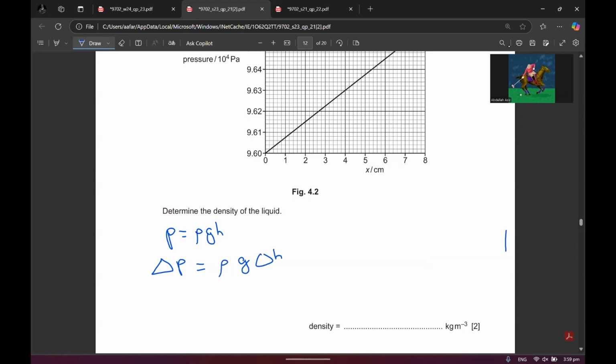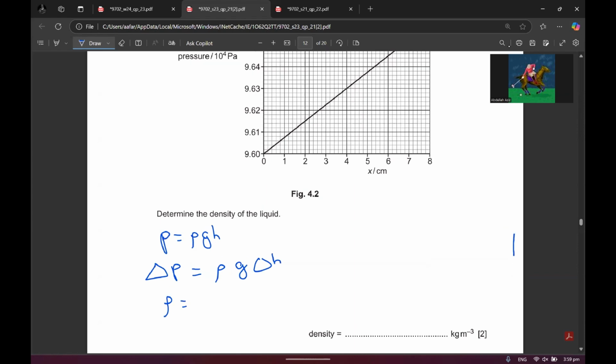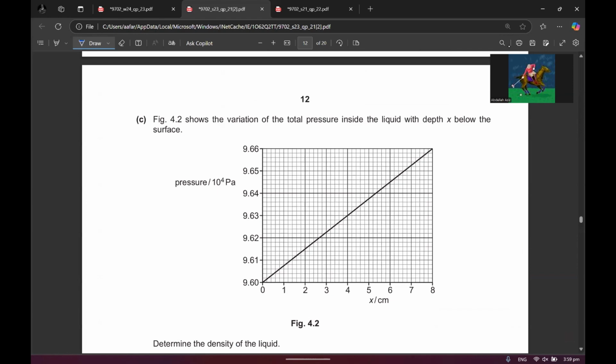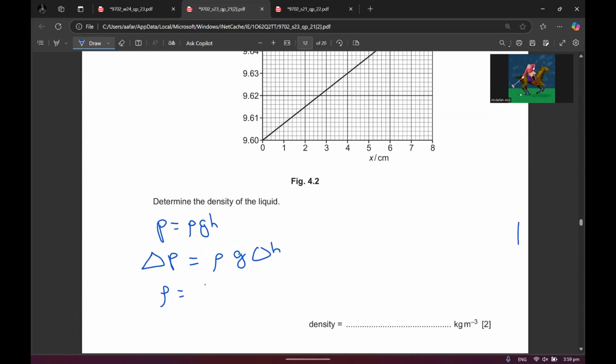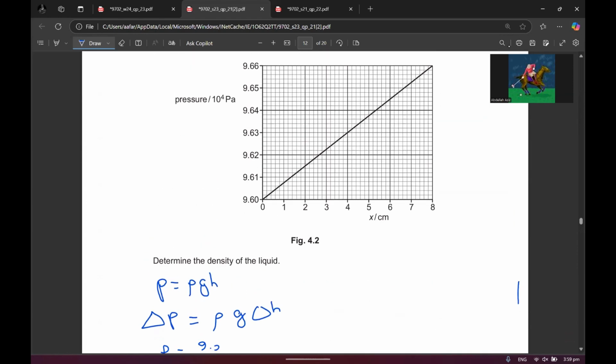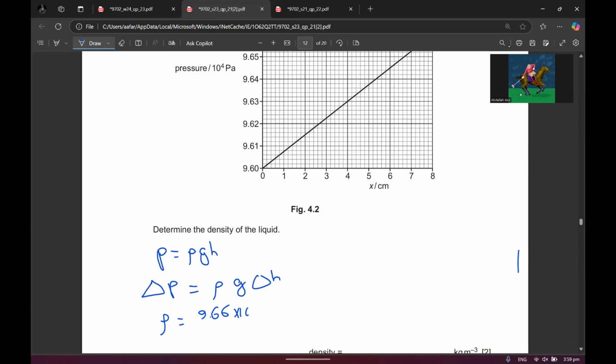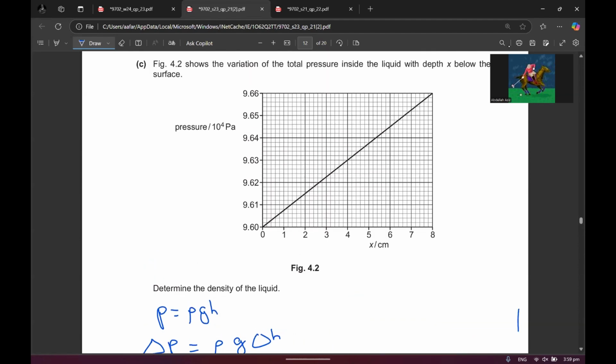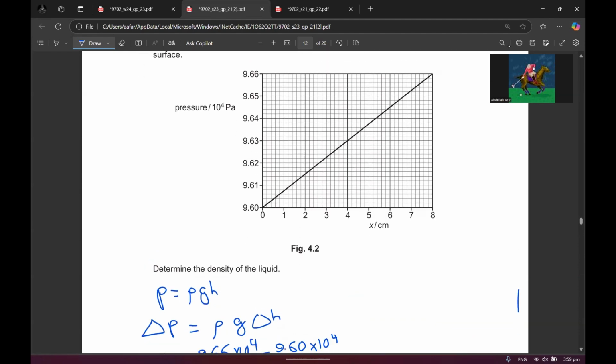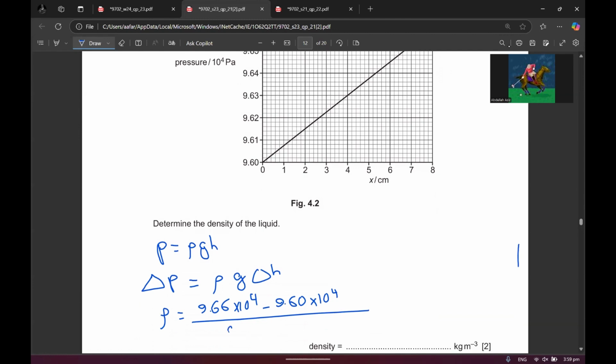So rho we get, if we just take the change in pressure, which is 9.66 times 10 to the power 4 minus 9.60 times 10 to the power 4, divided by the change in h, which is basically 0 to 8 centimeter, but we need to take it in meters. So 8 times 10 to the power negative 2, times 9.81.